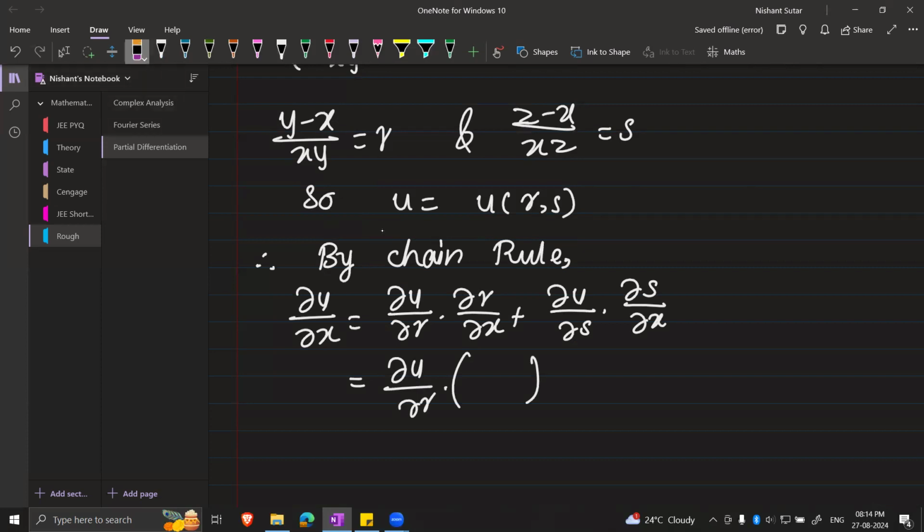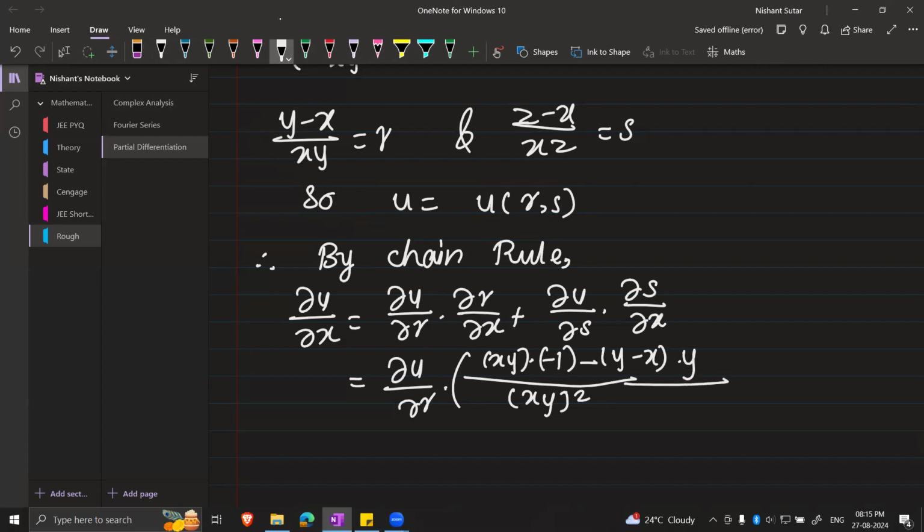We want to calculate del r by del x. So what's our r? This one. So this will be, square of the denominator is xy whole square, xy into differential of x, so minus 1, minus y minus x into y.